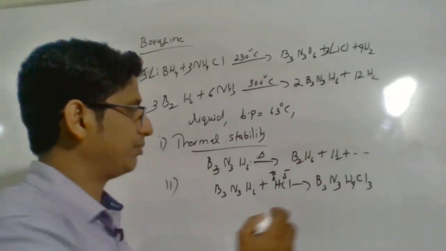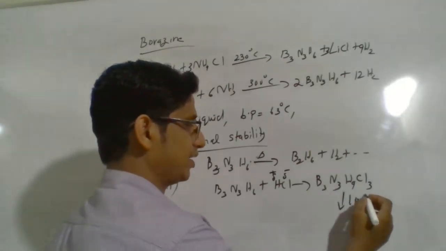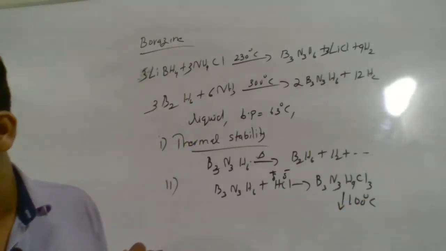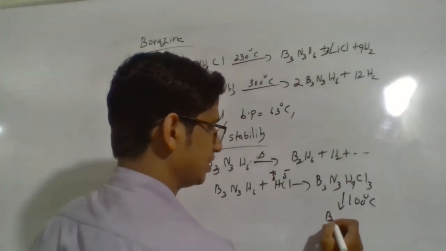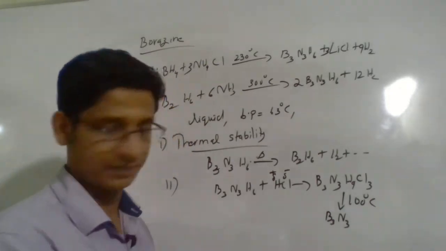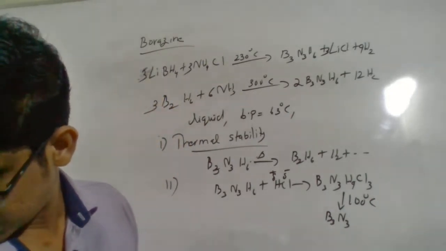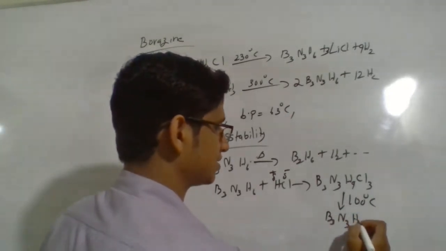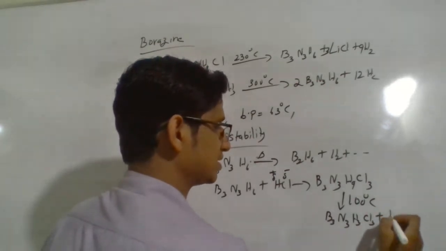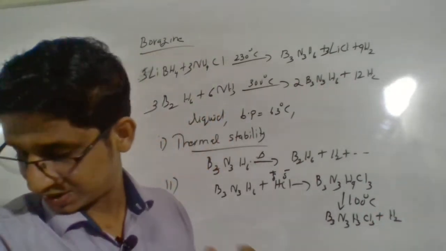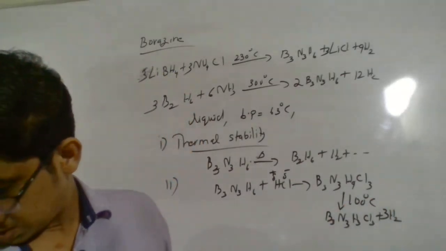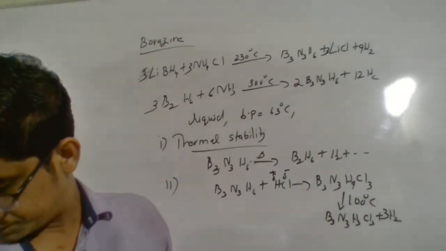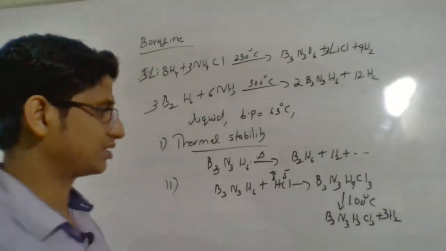And on decomposition at high temperature, around 100 degrees Celsius, you will get B3N3H3Cl3 plus hydrogen gas emitted. That means trichloroborazine is forming.